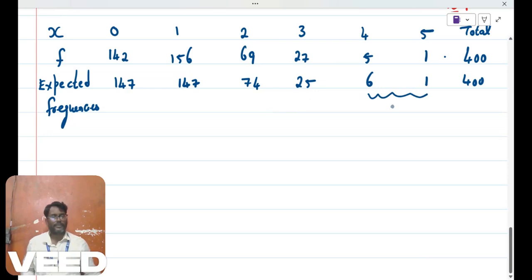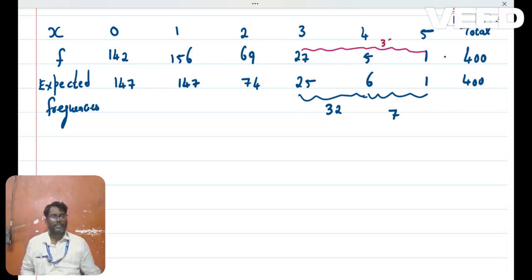So we get 6 plus 1 is 7. Still it is less than 10. Again you combine with the nearest one. So 25 plus 7 will be 32. In the same way we have to combine the observed frequencies: 27 plus 5 is 32, plus 1 is 33.